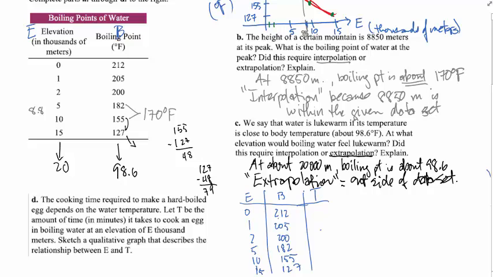So at boiling, you're cooking an egg and the water is at 212. So this is going to take, let's say, about 10 to 12 minutes. Now your water is boiling at 1,000 meters up. Your water is boiling at 205 degrees Fahrenheit.